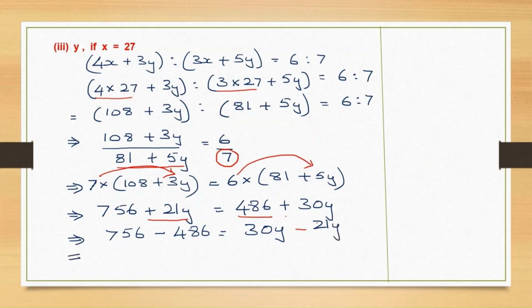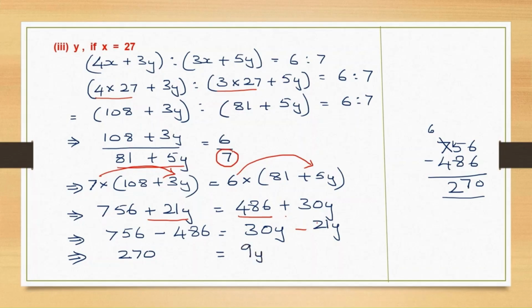So now let's work this out. 756 minus 486. Let's minus that. 756 minus 486. 6 minus 6 is 0. Now I need to borrow. 15 minus 8 is 7. 6 minus 4 is 2. I've got 270, and here 30y minus 21y. 30 minus 21 is 9. So I've got 9y.